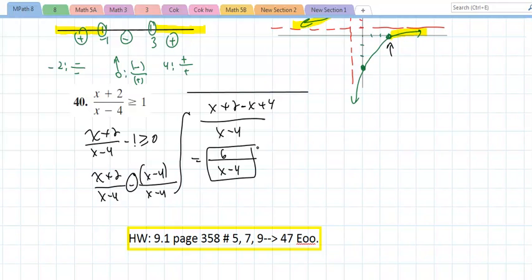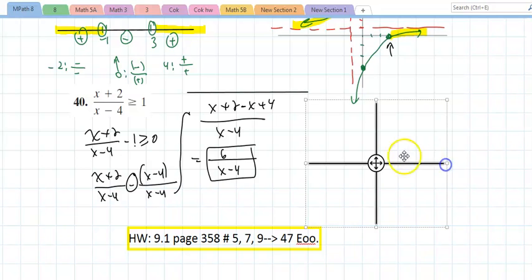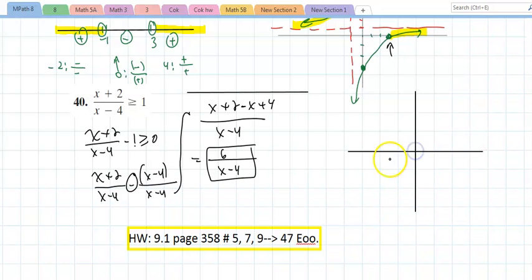And how does this work? If I want to do the graph, I could. Vertical asymptote at 4. I know there's a horizontal asymptote at y equals 0. If I put 0 in for x, I'll get negative 6 over 2, which is negative 3 halves.